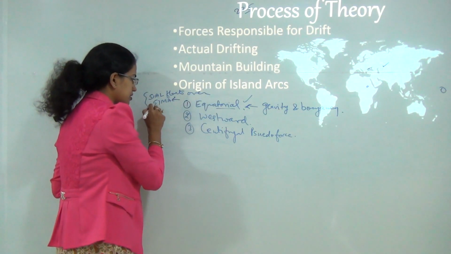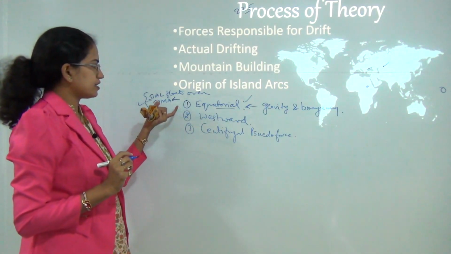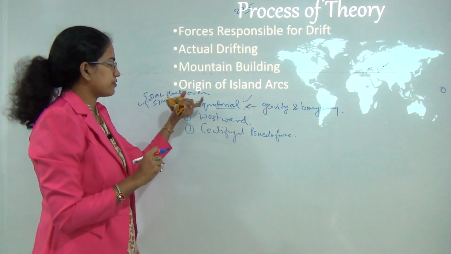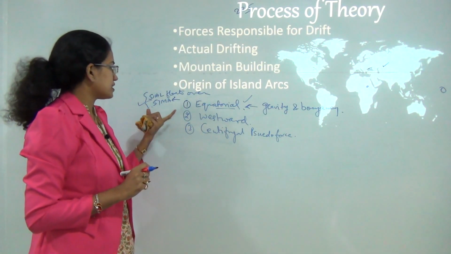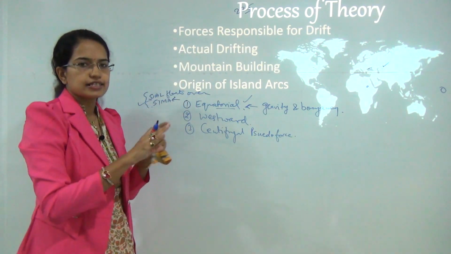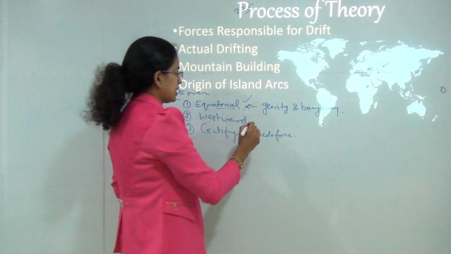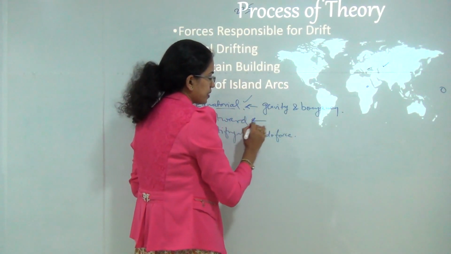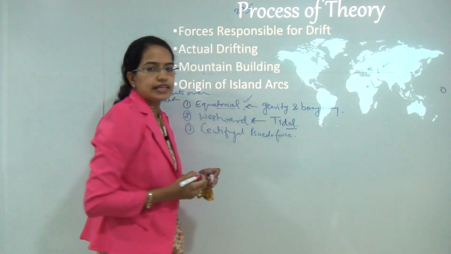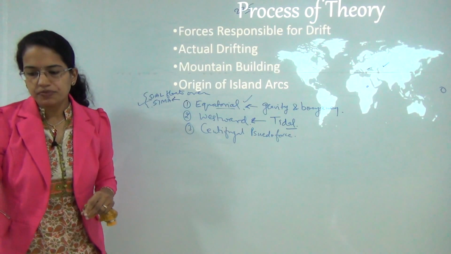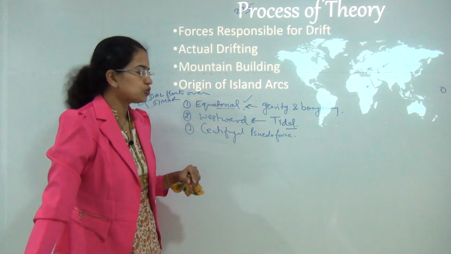Now you must remember this because later on he tried to give an explanation that was controversial to it. So here he explained that Sial moves over Sima and there is no friction. Then he explained westward movement or westward drift that was due to the tidal forces, and this westward drift was maximum when moon is nearest to earth.